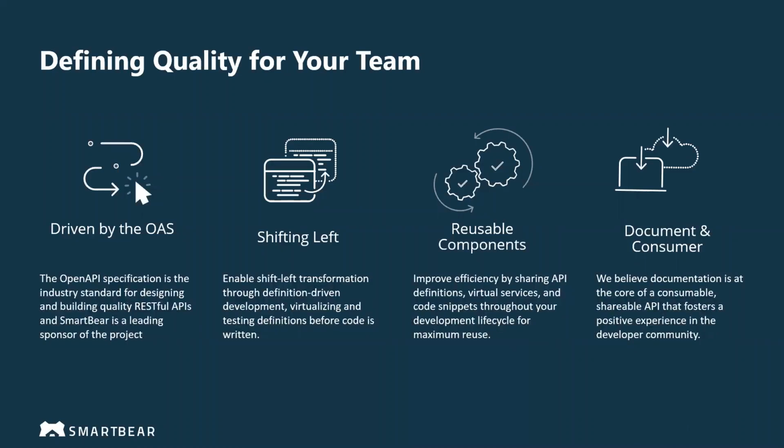So obviously, wherever we're able to reuse components within our APIs for, let's say, the design or development is going to be crucial. Now, we're going to be able to show you how we can efficiently reuse those components. We also have definitions, virtual services, and code snippets. And Joe's going to be able to talk through this within the actual tool itself.